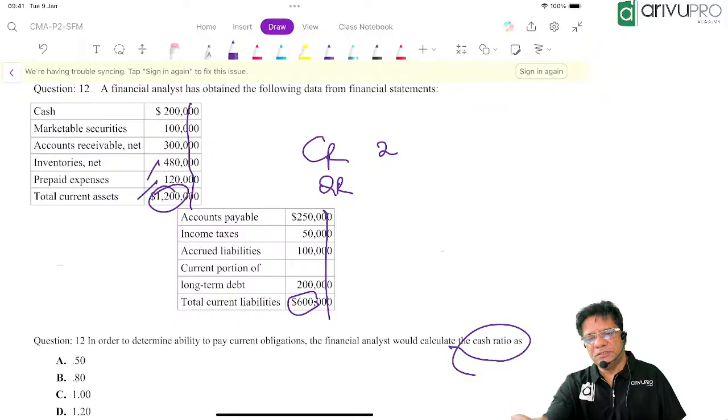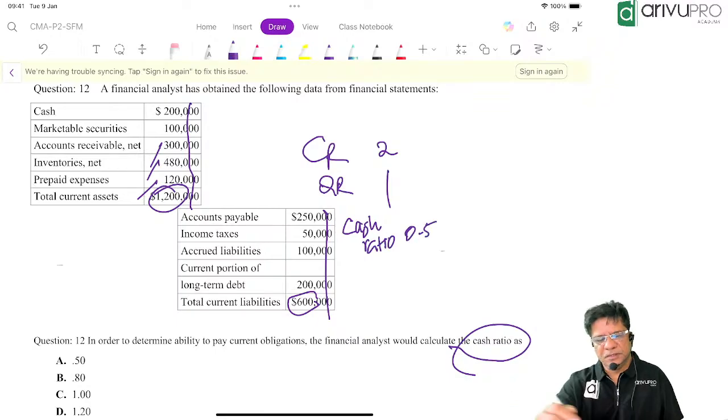Numerator will be how much? 600. 600 divided by 600, 1. Now, account receivable also you leave it. Cash ratio. 300 by 600. 0.5, right? 0.5. Simple.